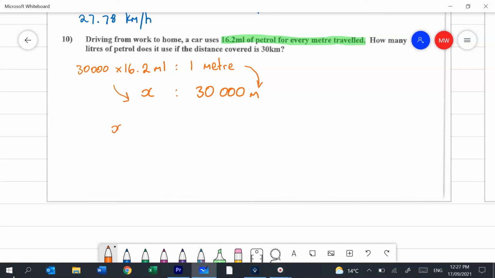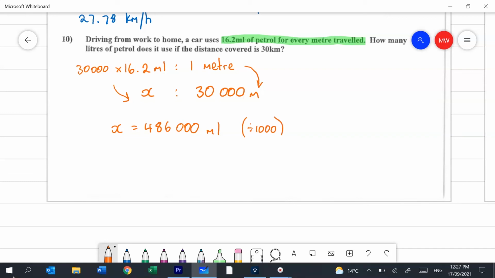So our unknown is 486,000 millilitres. Now that is a bit of a silly answer, isn't it? Because it's not the unit of best fit. So let's convert that to litres. There's 1,000 mils in a litre. So we'll divide this by 1,000.